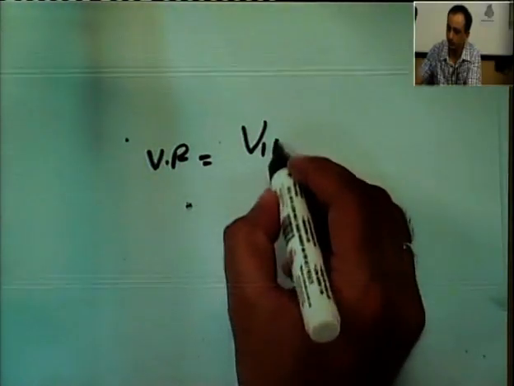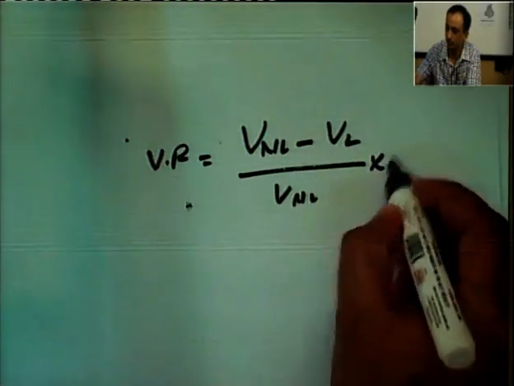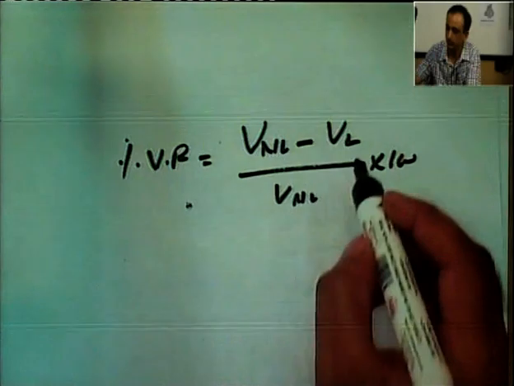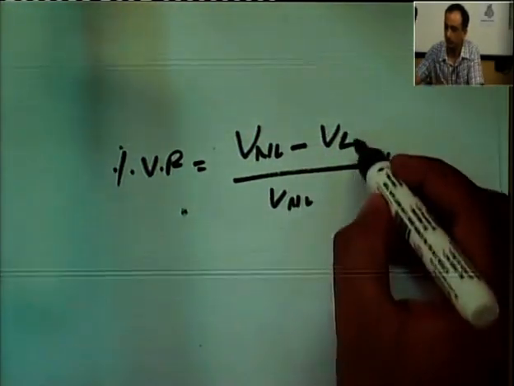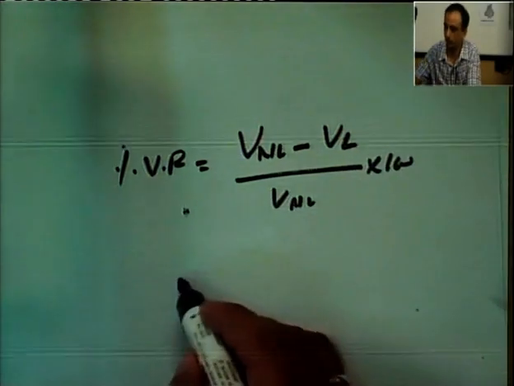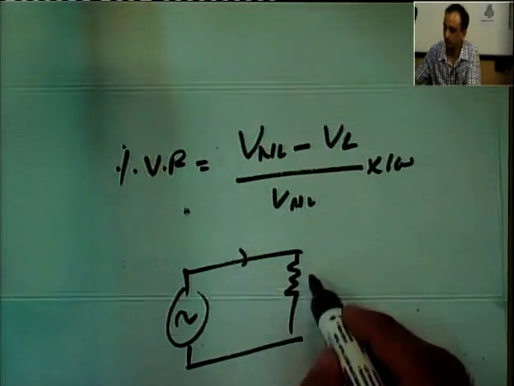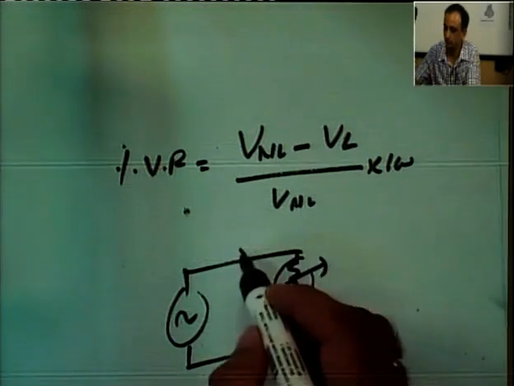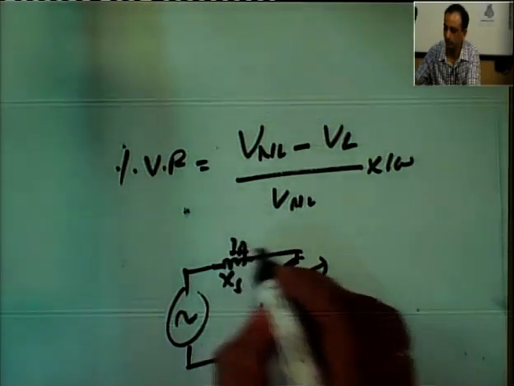Generally, voltage regulation is given as voltage at no load minus voltage at load, divided by voltage at no load, multiplied by 100%. So, it is a change in the terminal voltage, because once we connect a load to any machine and change this load, there is some drop taking place in between.